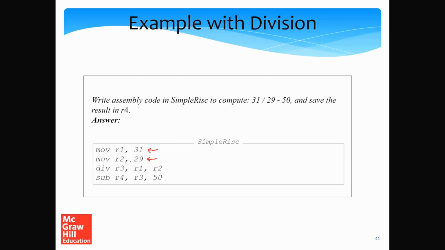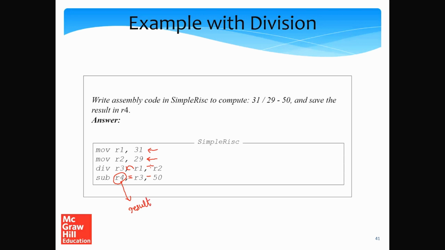Then let's divide R1 by R2, and the result will get saved in R3. And from R3 we subtract 50, so we compute R3 minus 50 is equal to R4, and R4 contains the final result as mentioned in the question.